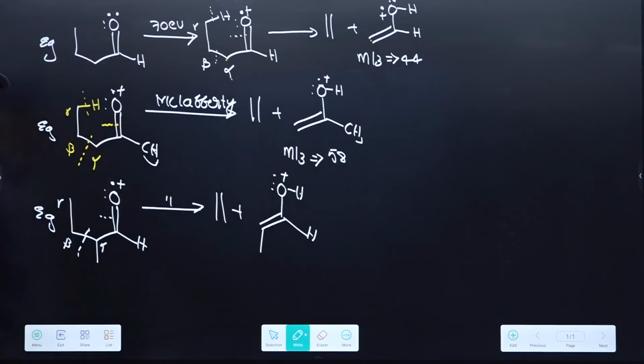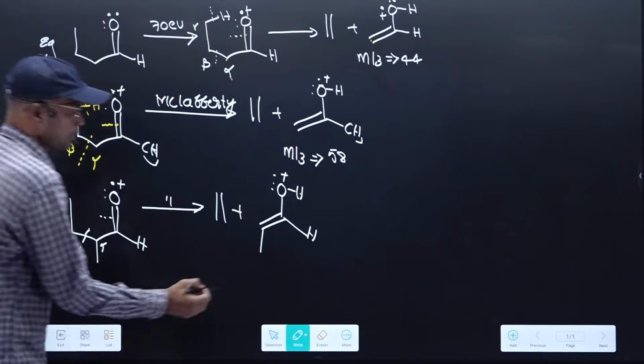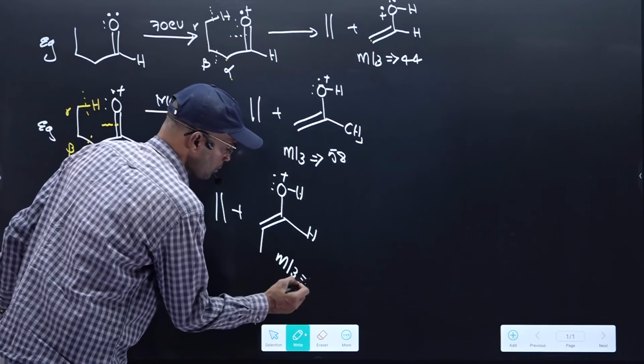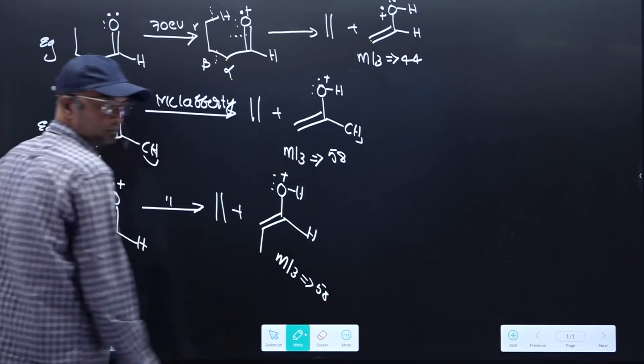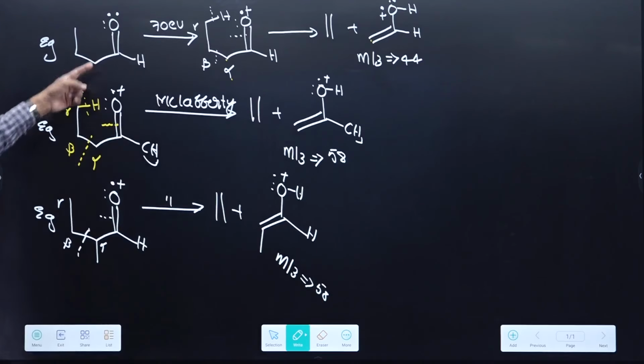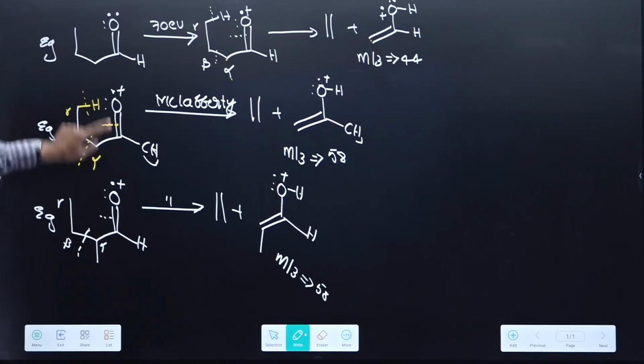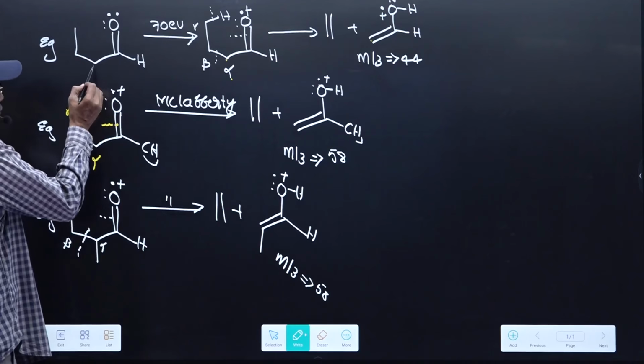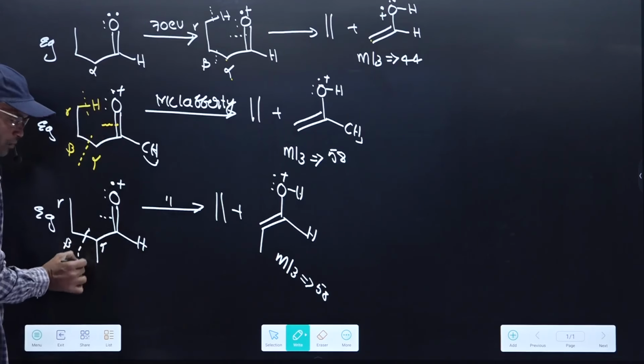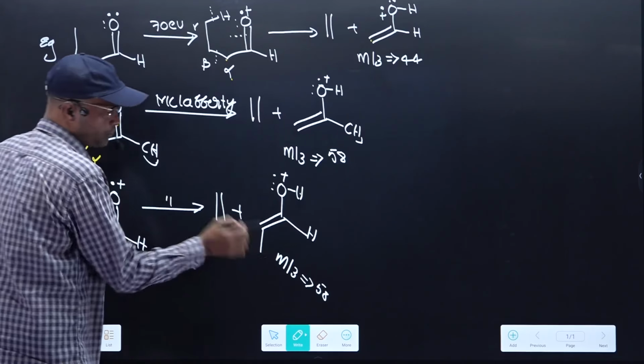So what about the m/z value? Same. The m/z value remains the same, 58 for this one even. But this is aldehyde, it is also aldehyde. But what is the difference? This aldehyde alpha carbon has no substitution, but here the alpha carbon has methyl. That's why you got 58.